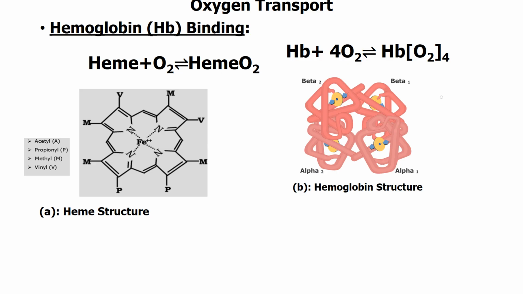Because hemoglobin is a tetrapeptide molecule, it requires 4 molecules of oxygen. Remember that hemoglobin is made up of 4 sub-chains or sub-units as alpha 1, alpha 2, beta 1, and beta 2, as you can see. Now, each subunit will bind 1 molecule of oxygen.